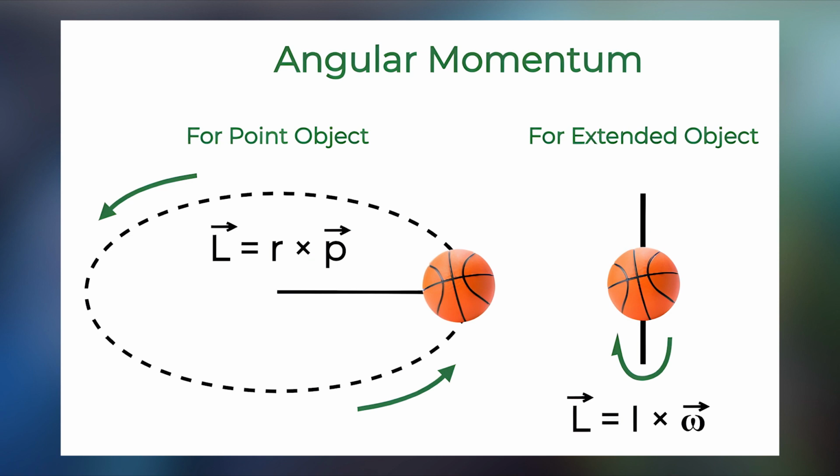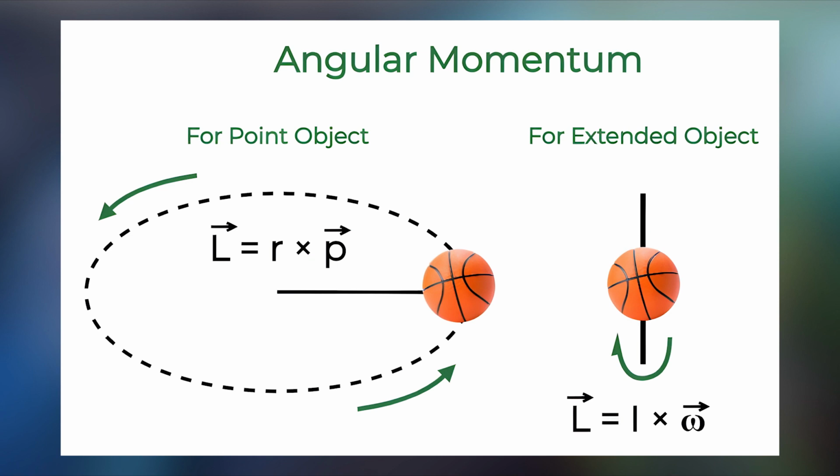So angular momentum is similar to linear momentum because it's also equal to mass times velocity, but there's an extra term added in there, which is r for radius. The radius refers to the distance between the central point about which the object is rotating or spinning and the object itself.